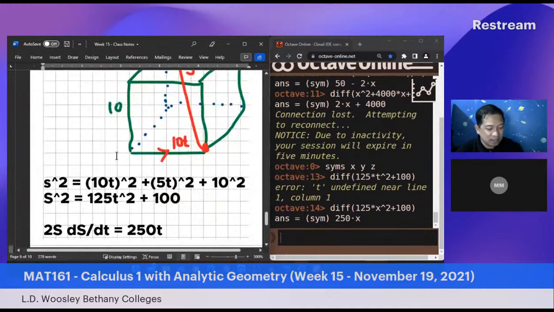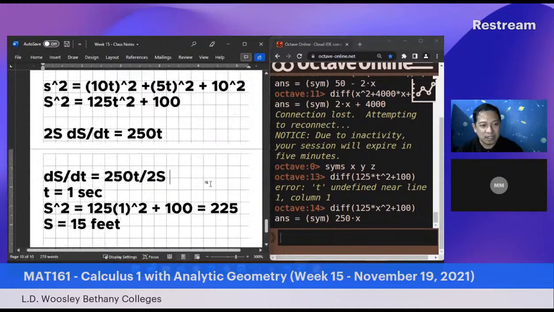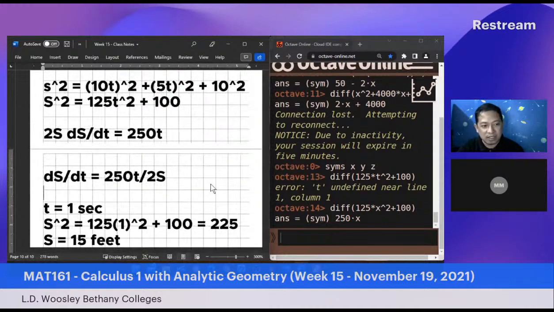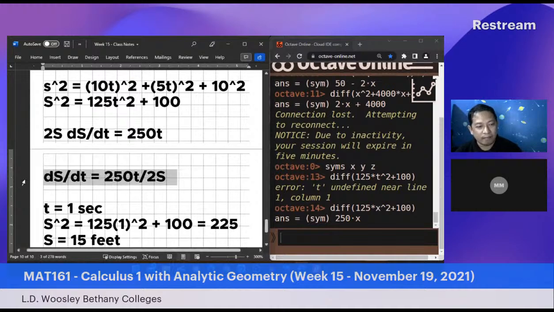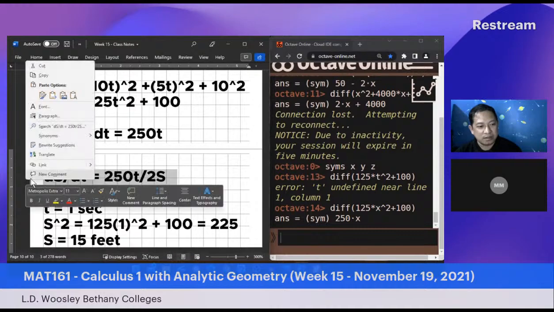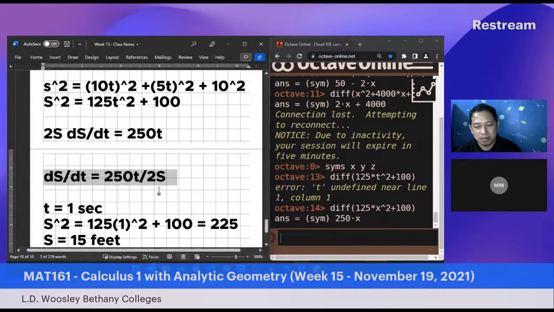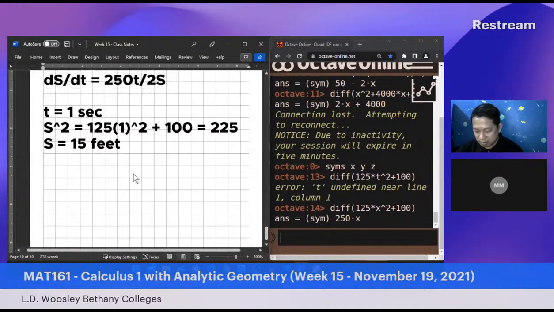So that's another case. Kaya isa-substitute natin doon sa ating na-derive, which is here, yung ds over dt is 250t over 2s.